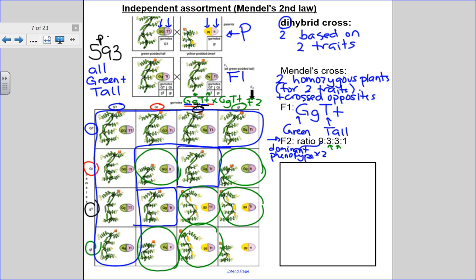So those 2 3s represent dominant phenotype for one and recessive phenotype for the other. So some plants will be green but short, other plants will be yellow but tall, so they'll have one of the dominant characteristics. Then Mendel noticed that there would be one. One of the 16 possible outcomes represented an organism that had the recessive phenotype for both characteristics.